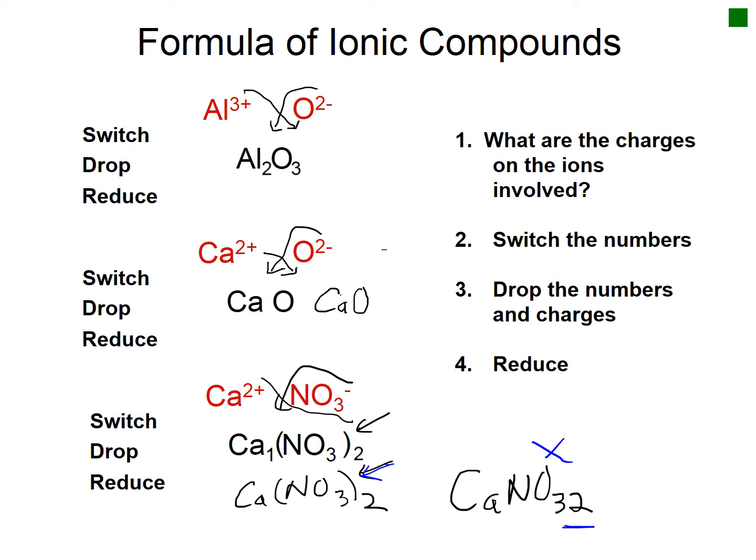So when you have a polyatomic and you have multiples, make sure you draw in these parentheses to denote that it applies to that whole unit and not just to the last atom.